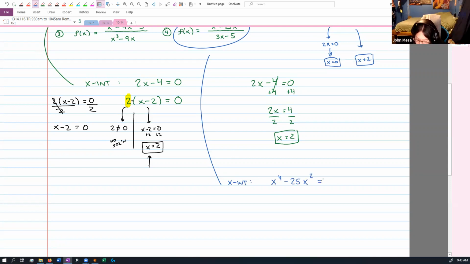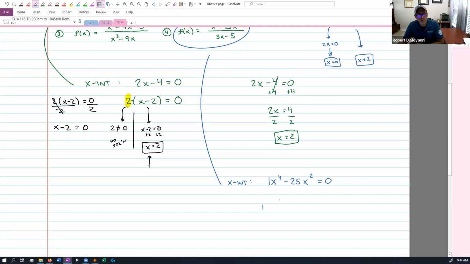Okay, and then what did you do? I was looking at it to see what I could take out of it. I did 1x because if it's an x to the 4th, it would have an imaginary 1 in front of it. And then you have the negative 25 squared. So you could really only take 2 of them out. And that would leave me with 1 squared and then parentheses x squared minus 25 close parentheses equals 0.